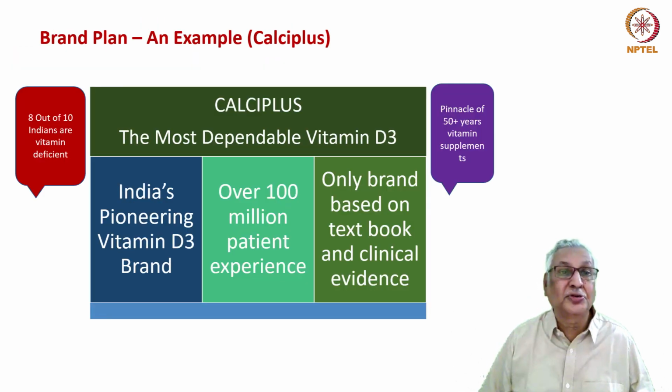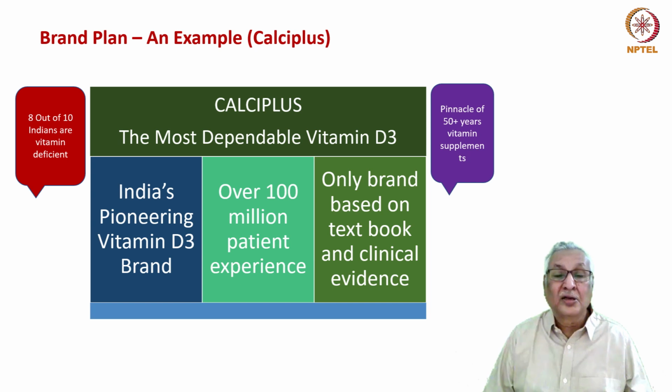Now I want to take you through the brand plan of a product which is a vitamin D3 product, hypothetical product and hypothetical data. The company would like to promote this brand. How would it promote? It is promoted as the most dependable vitamin D3. What is the background? 8 out of 10 Indians are proved to be vitamin deficient and they require supplementation with vitamin supplements.